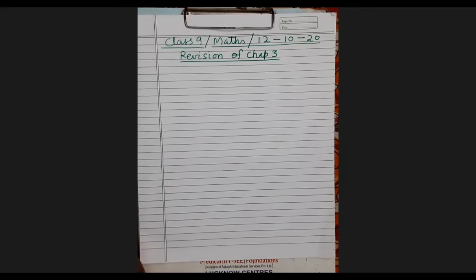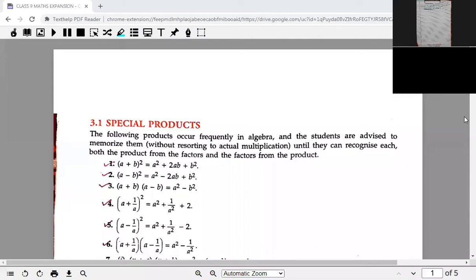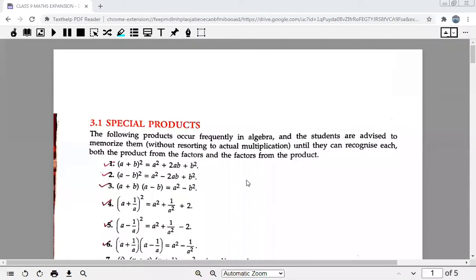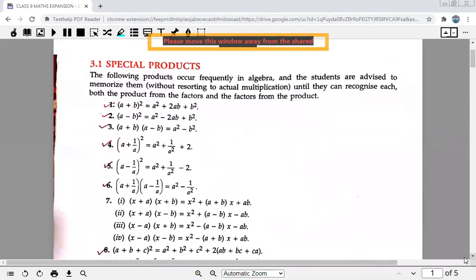You can see here. Now you can see here. These are the formulae which will be used in this chapter.